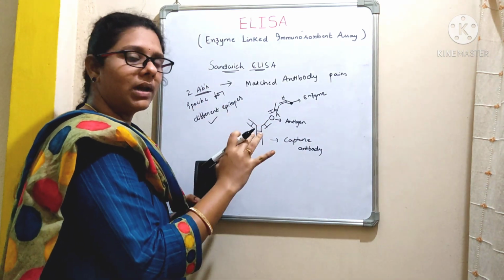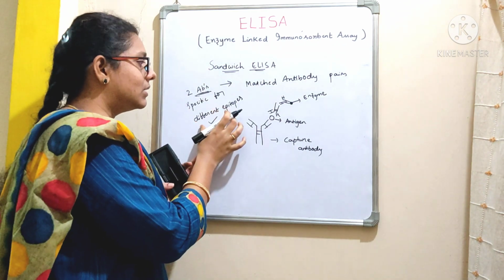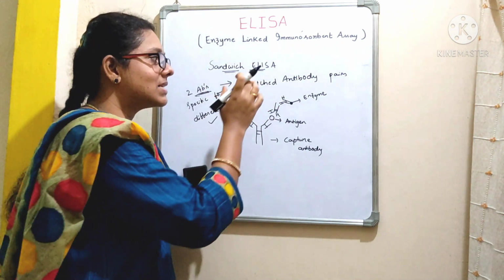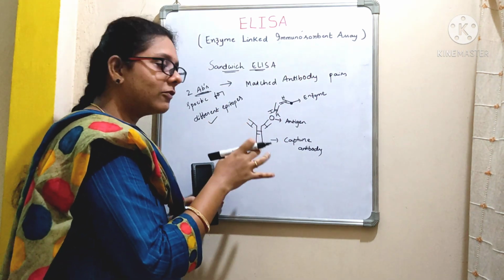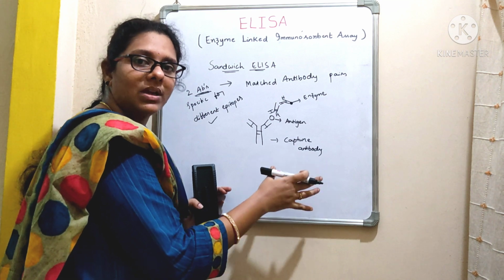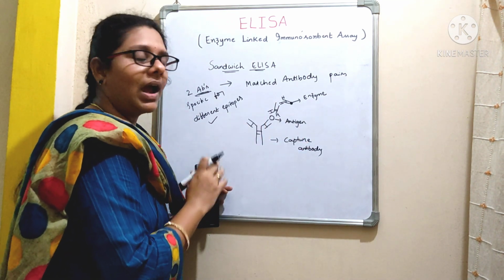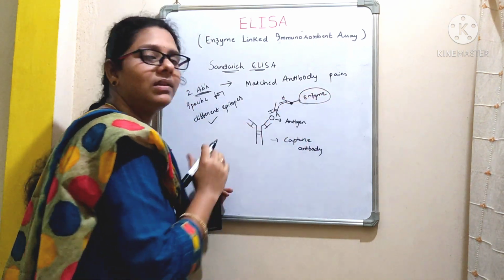In this format, we generally use two antibodies that are specific for different epitopes. We call those antibodies matched antibody pairs. In this method of ELISA, we use a capture antibody to immobilize the antigen, and we are going to use another antibody that is conjugated with the enzyme.